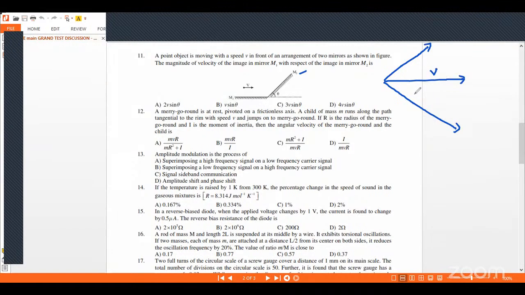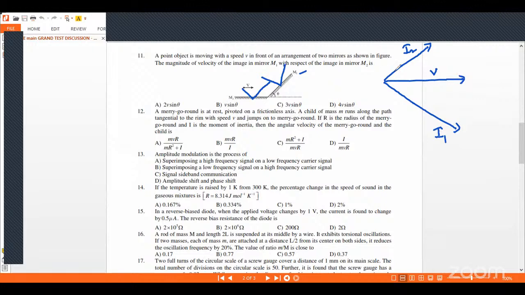So this is velocity of image 1 and this is image 2. Whenever the light rays are incident like this, it will be reflected back. Similarly, here also the same.